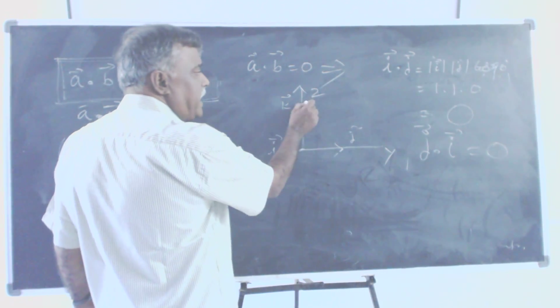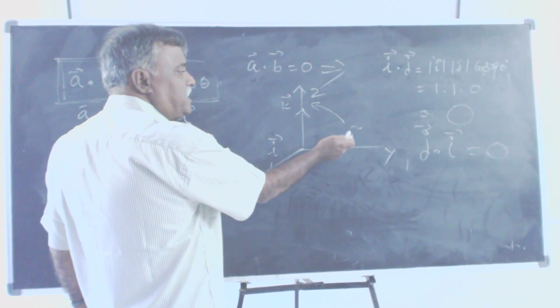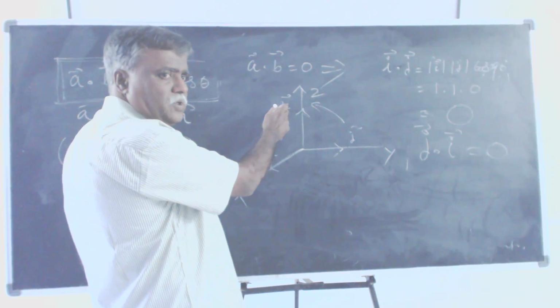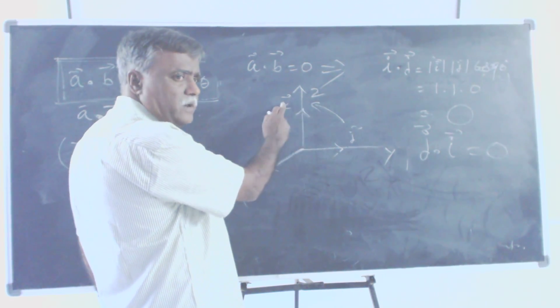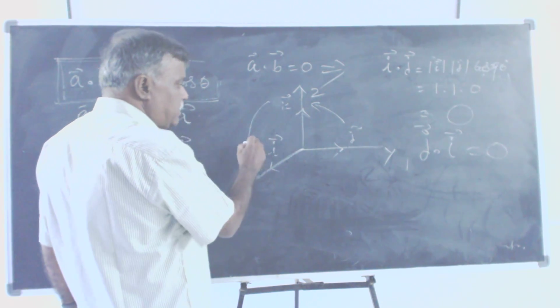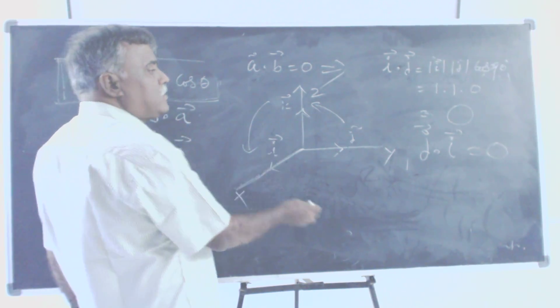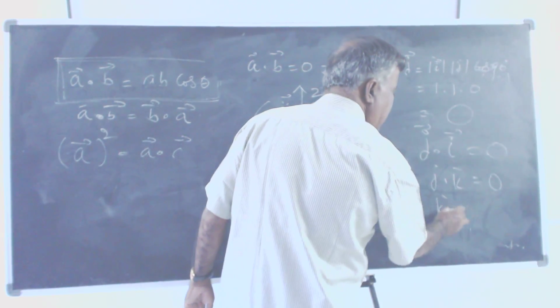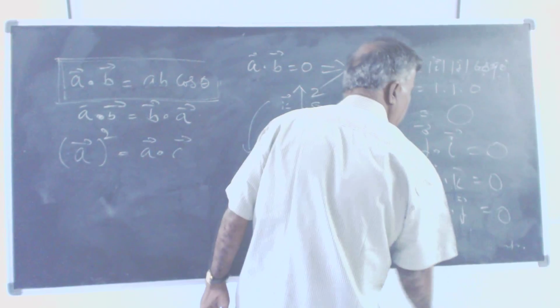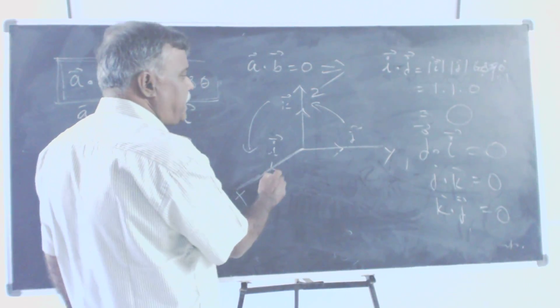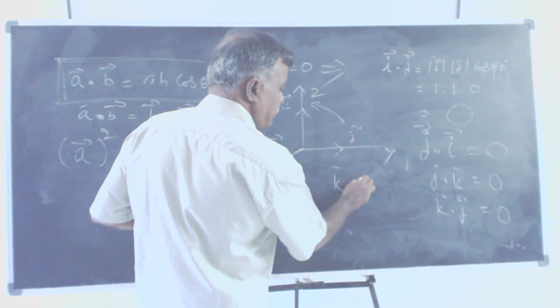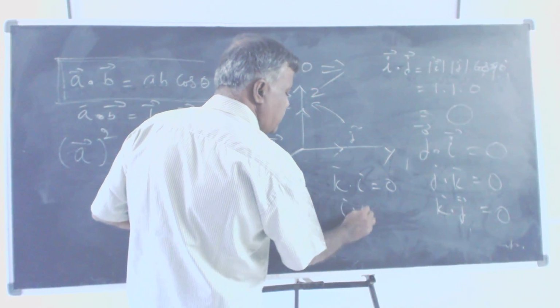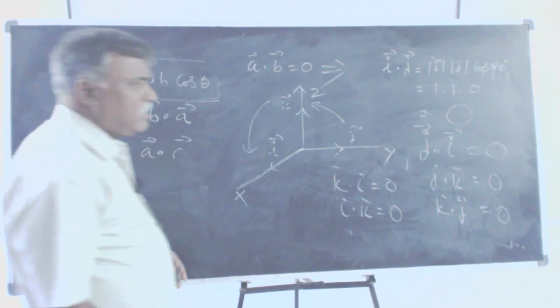Similarly, j dot k, if I take the dot product of j and k, that is also 0 because the angle between them is 90. Similarly k dot j is 0, k dot i is 0, i dot k, all are 0.